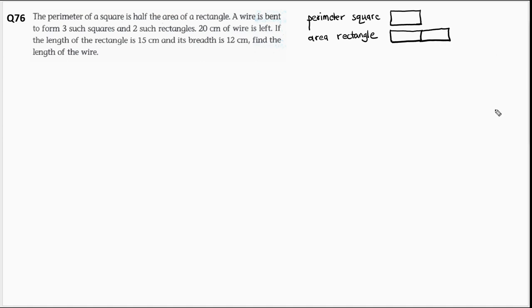And in fact, I want to keep this straight, so this is the area of one rectangle. Okay, this is the perimeter, so this is going to be in centimeters squared. This is in centimeters.